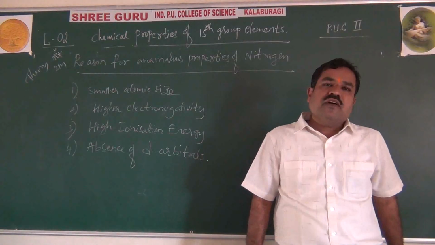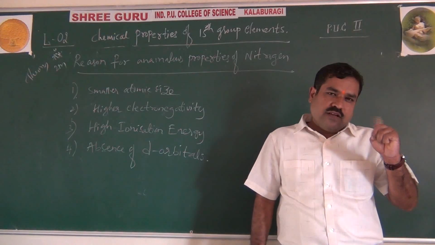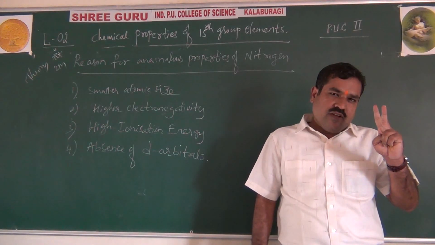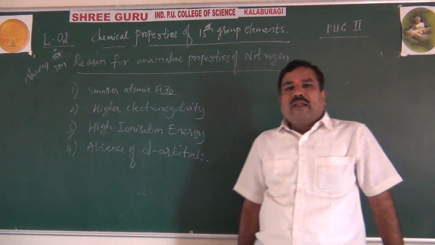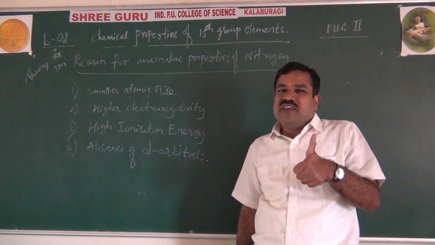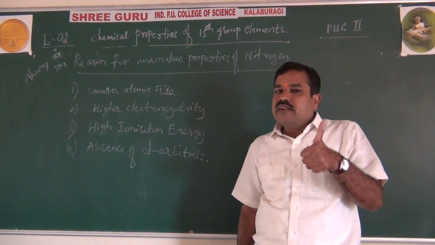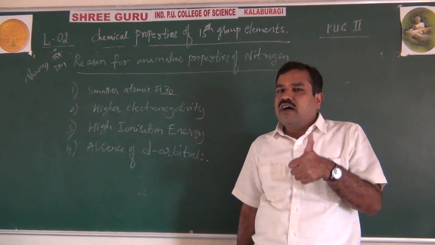That means today what we have covered, students, in continuation: physical properties from electronegativity, then melting point and boiling point, then exhibiting allotropy, and once again physical state I have repeated. Then in chemical properties, the first is oxidation state. These group 15 elements exhibit variable values from -3 to +3 to +5.